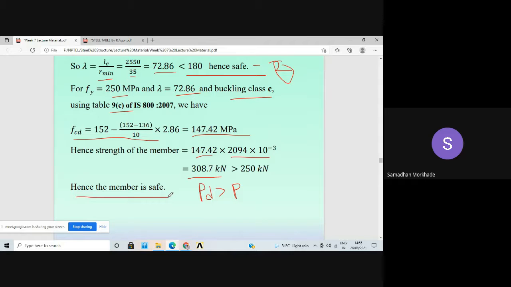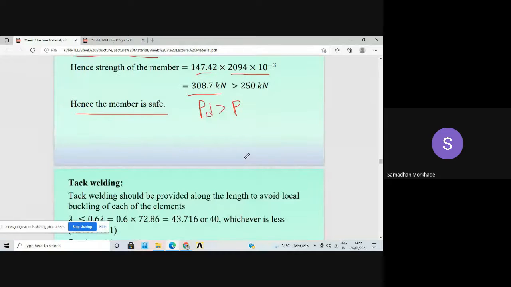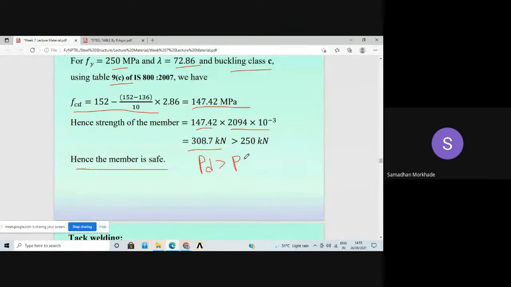And then throat thickness is equal to 0.7 s, and generate those conditions, whatever problems we have discussed. Okay, that LW1 into thickness is equal to P1 and P2. Calculate P1, P2, and that will give the length of weld at top and at bottom. Okay, that is for welded connections.